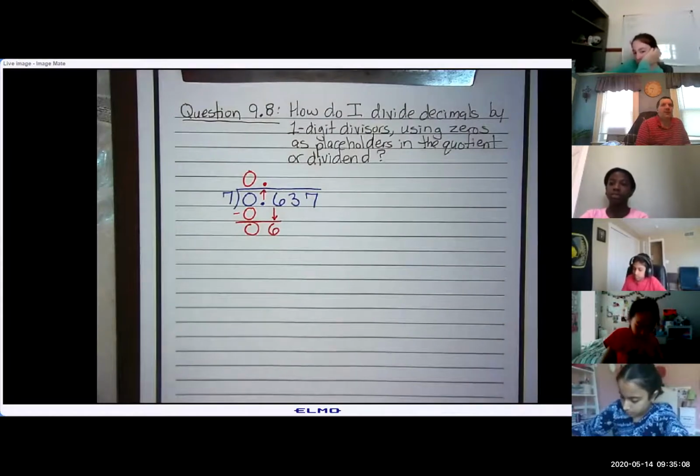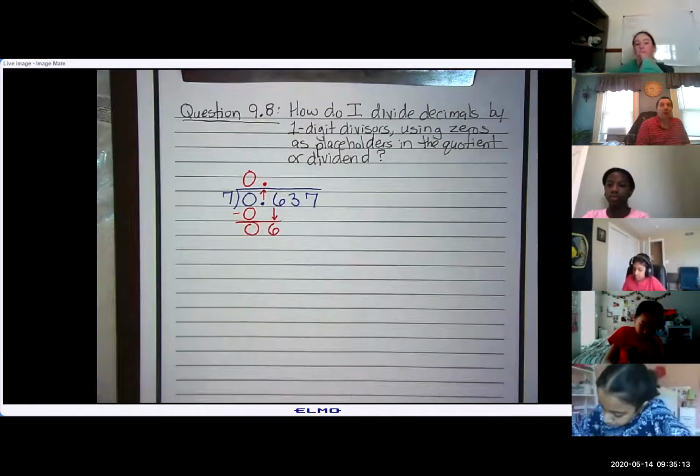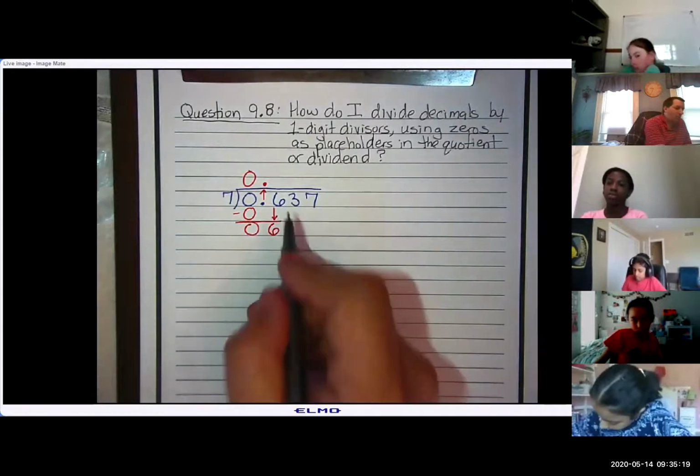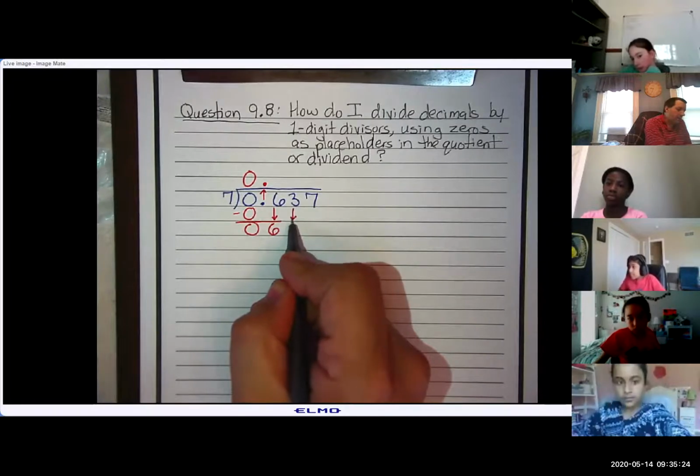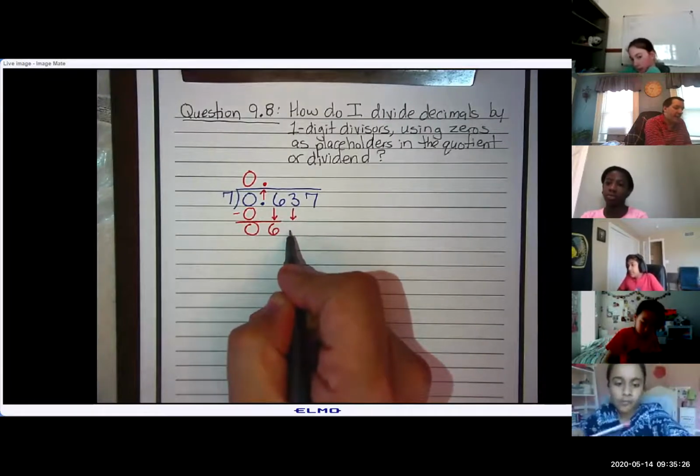What is 6 divided by 7? 0. You cannot do it. This is where it gets challenging. Lots of people want to go right to that 63 and then say that that's 9. You can't do that.